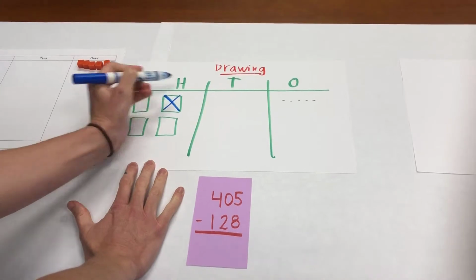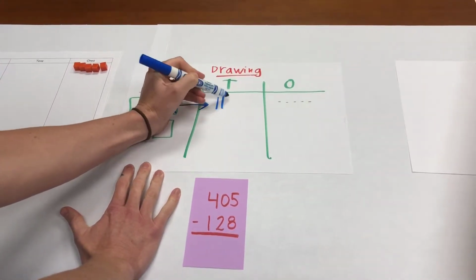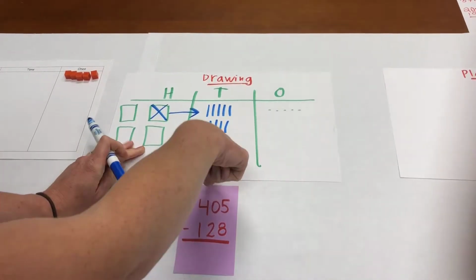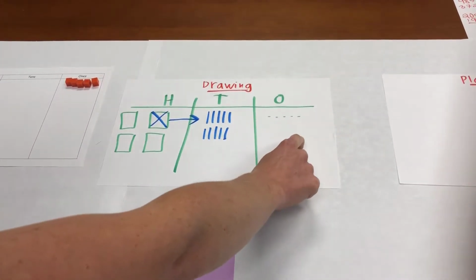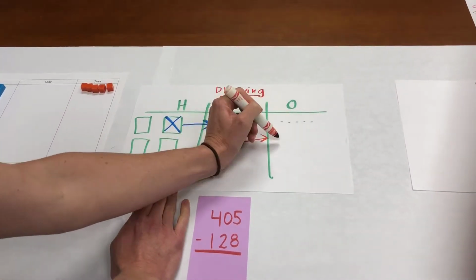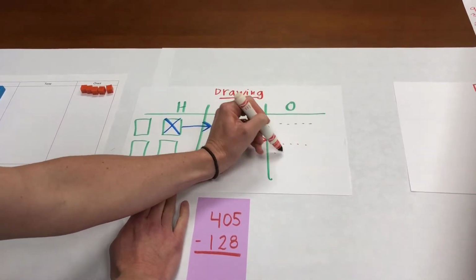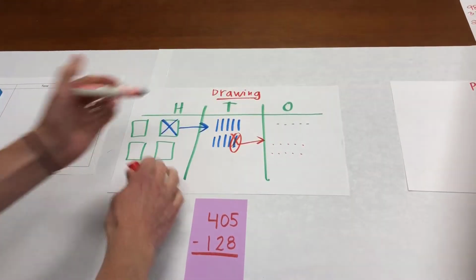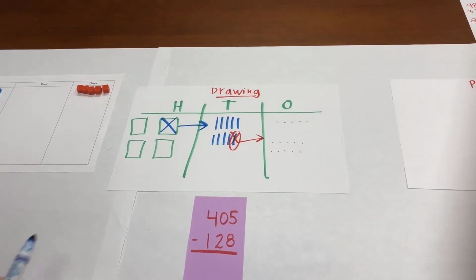I'm going to take away 100 and exchange it for 10 tens. I've got 10 tens. I still haven't remedied the problem that's in the ones place, so I'm going to take away a 10 and exchange it for 10 additional ones. And so now I'm actually able to do the subtracting.